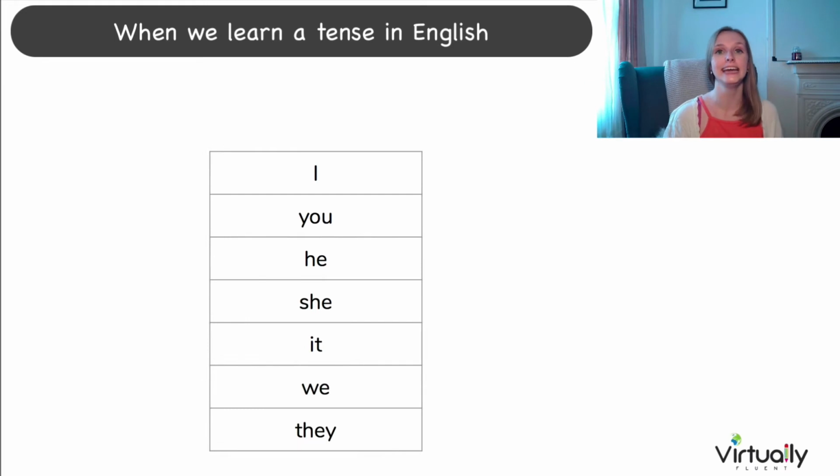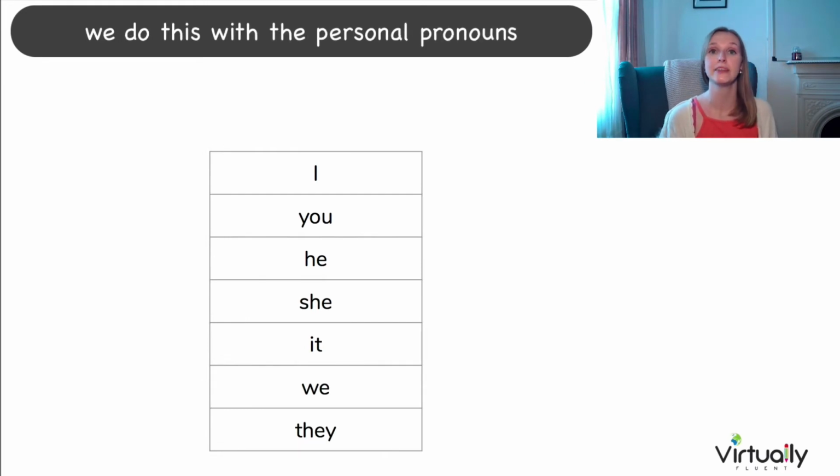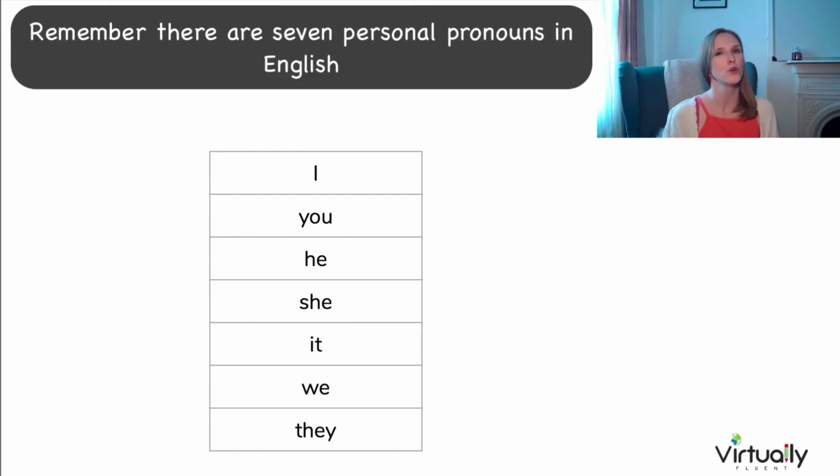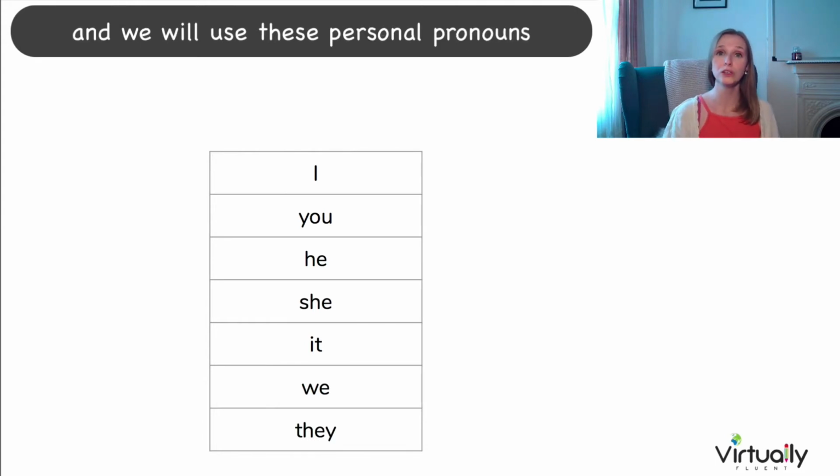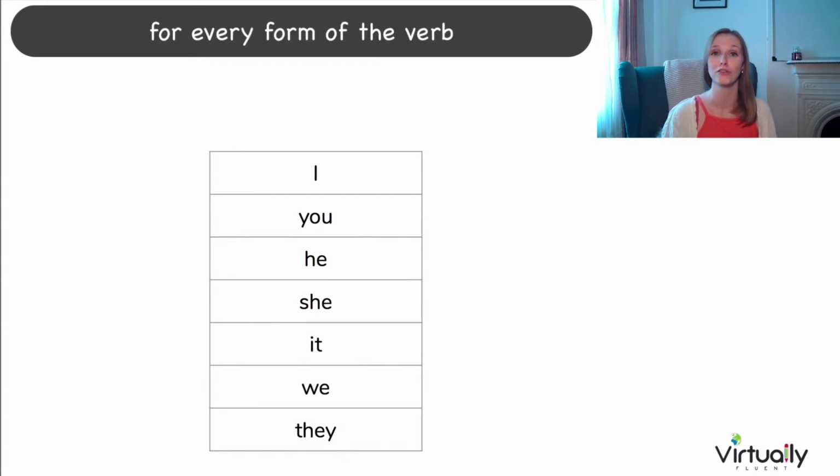When we learn a tense in English, we do this with the personal pronouns. Remember, there are 7 personal pronouns in English: I, you, he, she, it, we, and they. And we will use these personal pronouns for every form of the verb.